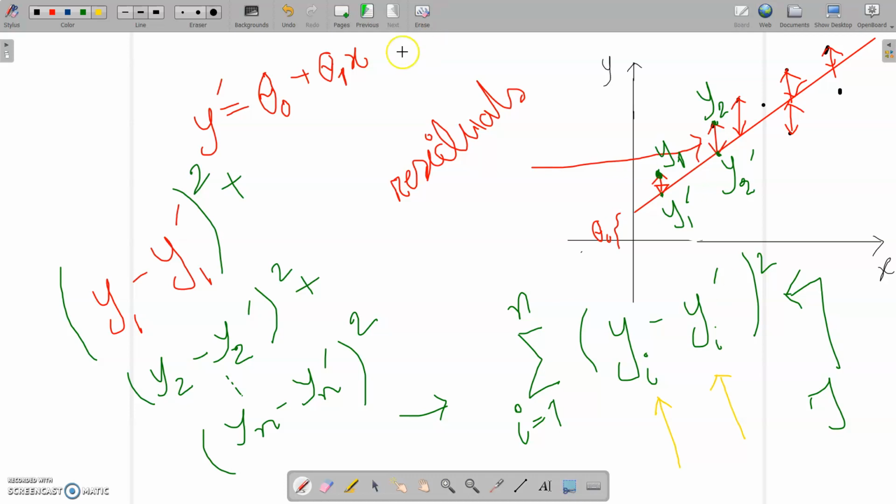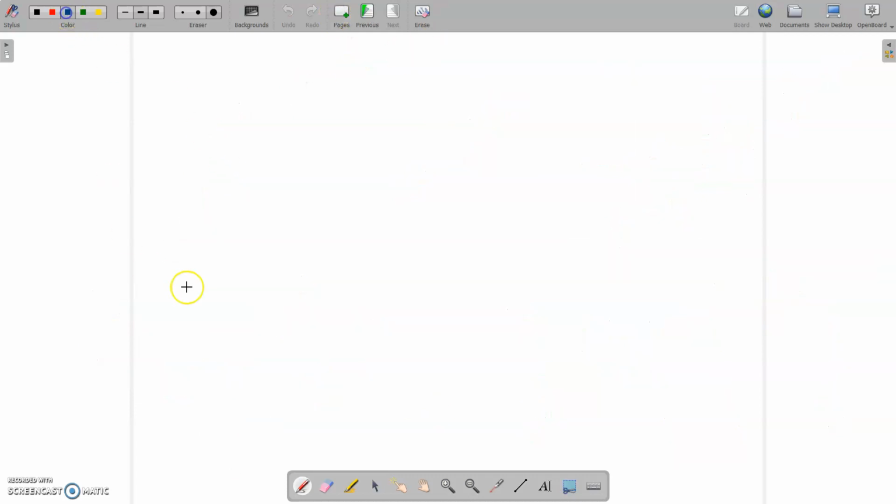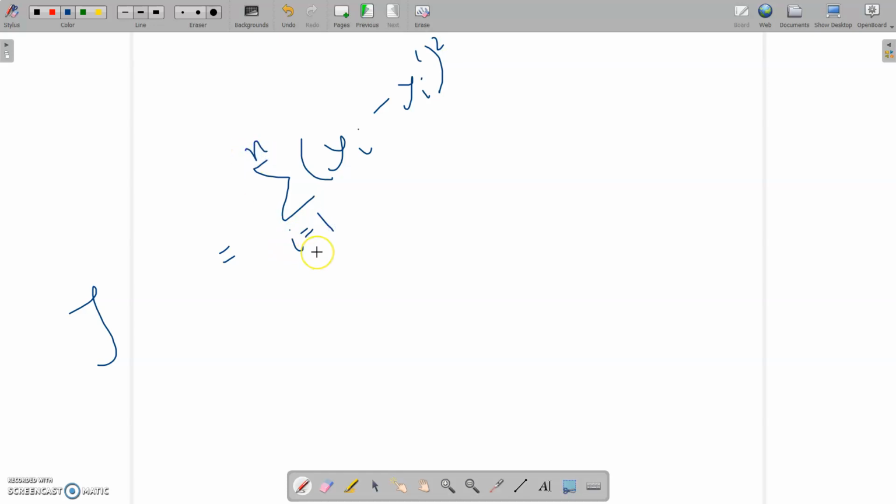Okay, so let's come here. If we write the line this way, J is equal to the summation of (yi minus yi prime) whole square, where i equals 1 to n. Now think of it this way. What was the original equation for y prime? Y prime was your theta naught plus theta 1 x.